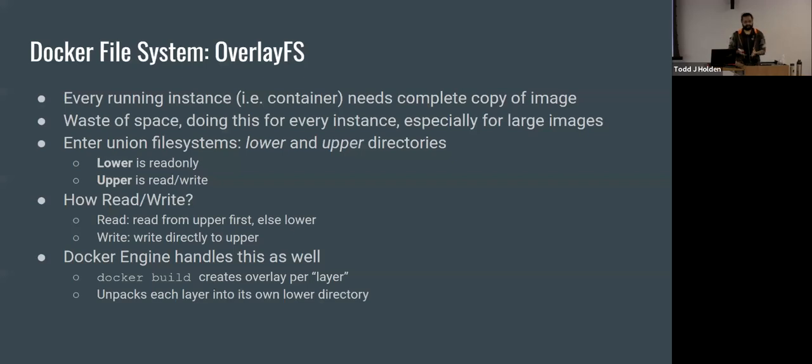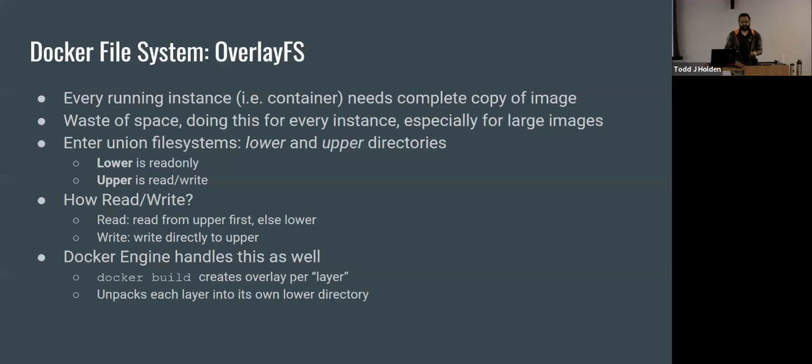Docker is just putting it together. So you have the concept of the lower and upper directories, where lower is basically read-only. You cannot write to it, whereas the upper layers have ways to read and write. So when you have such a file system, how do you read and write? You read from the upper directory first. If the file is not available, then you look at the lower levels one by one, right? How do you write?